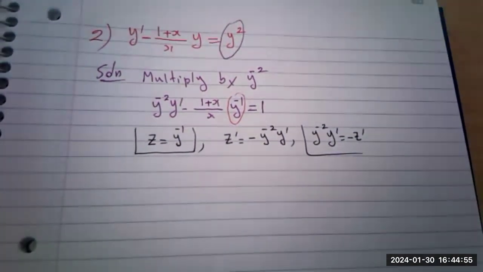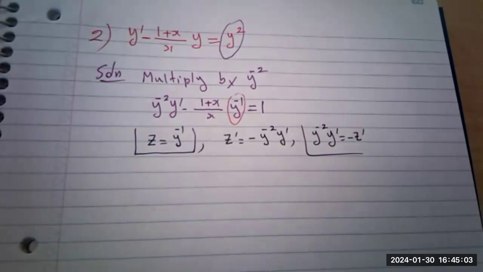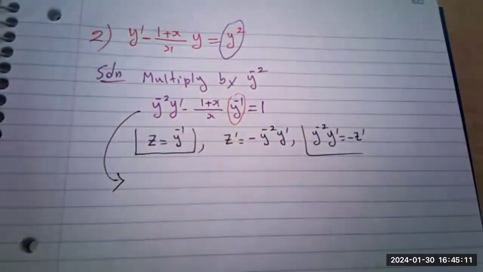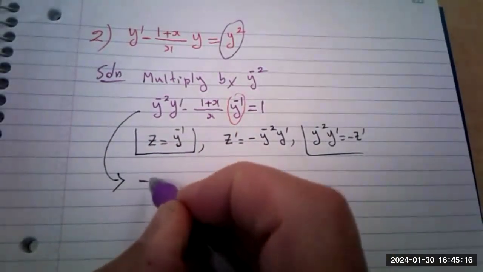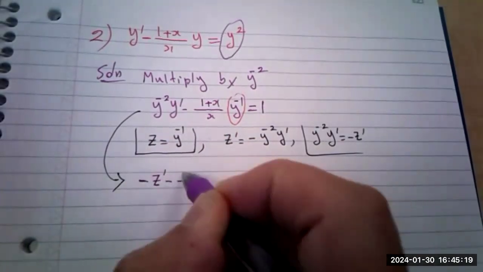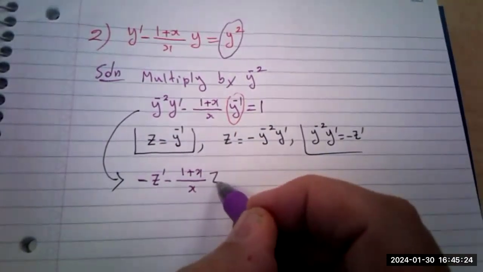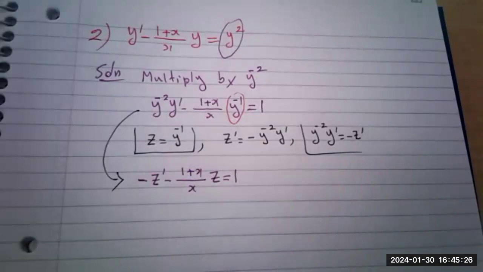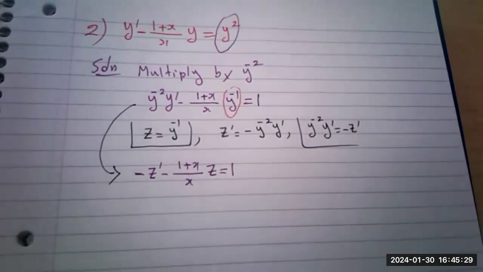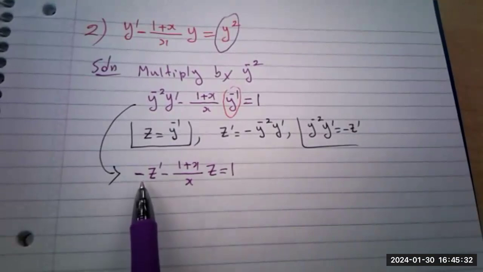Go back, substitute, write the equation in terms of z. The point about this problem is when you get to that integral of (1 plus x) over x dx, I want to see how you handle that one. So this equation now would be changing to negative z prime minus (1 plus x) over x times z equals 1. To change it to the linear equation in terms of z, you have to get rid of this negative sign.